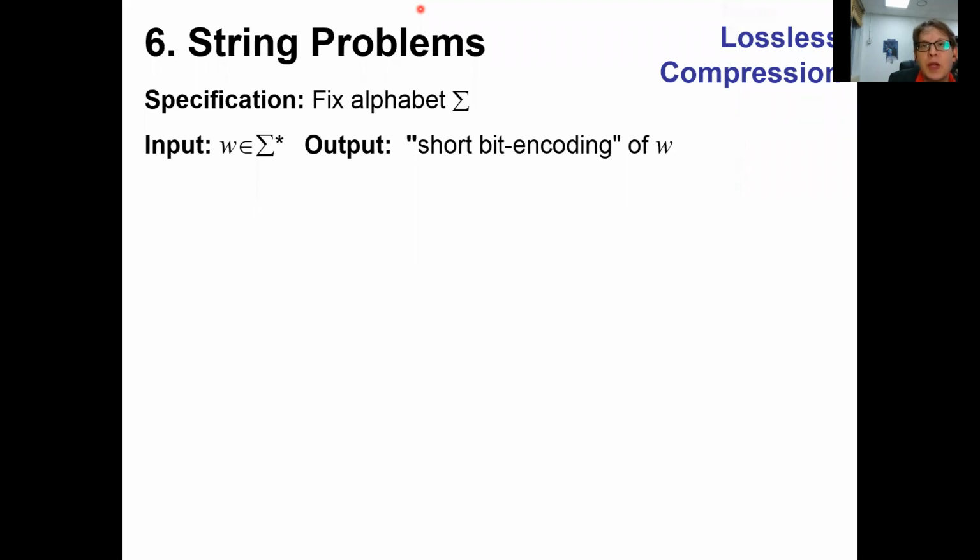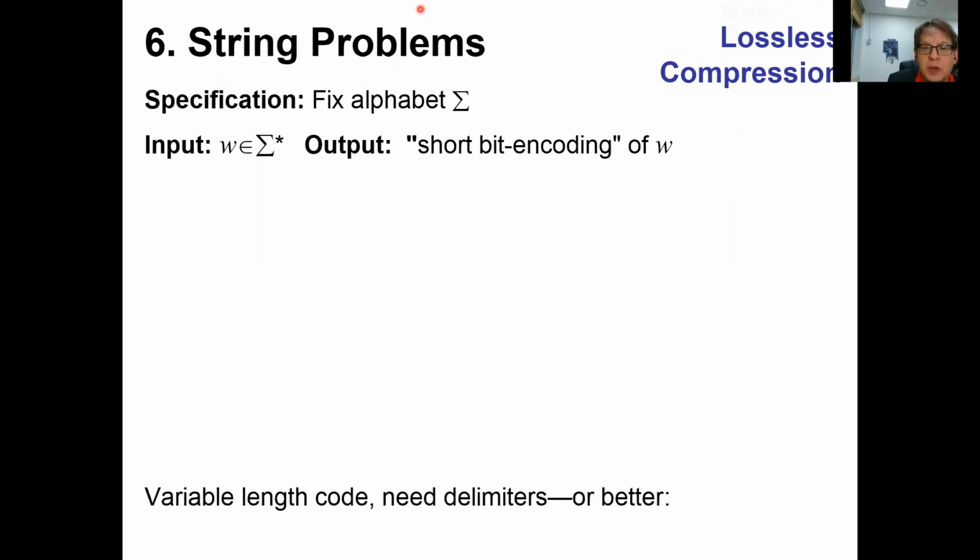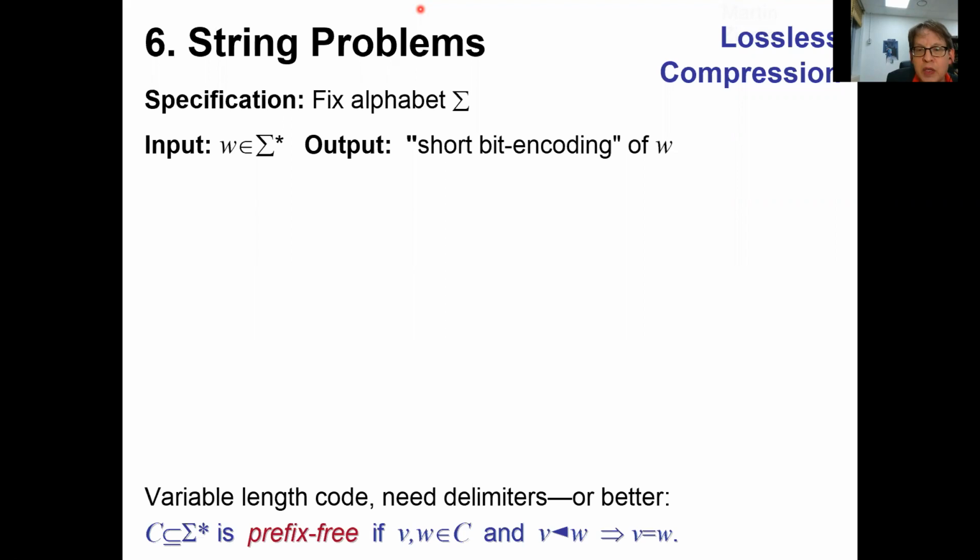as a convenient way of avoiding having a separate symbol for delimiters, we're going to restrict to prefix-free codes. A prefix-free code is a set of finite sequences of, let's say, bits in this case, such that no code is a proper prefix of another code.